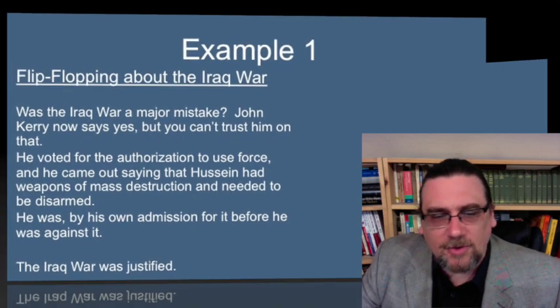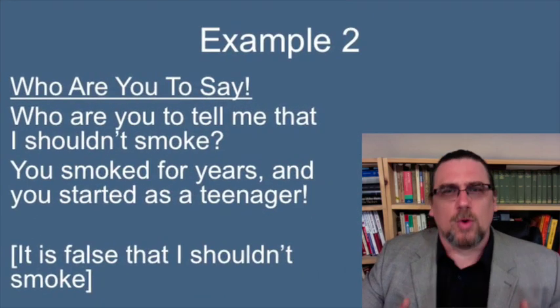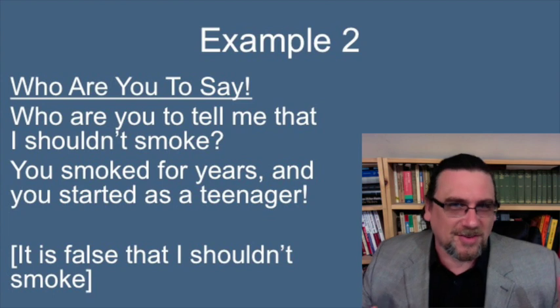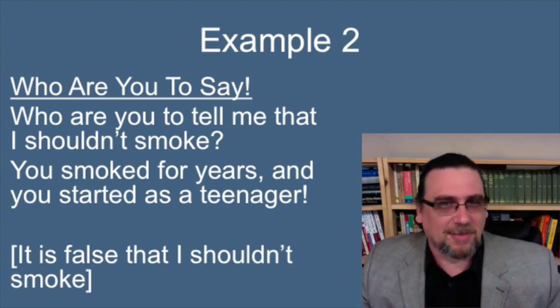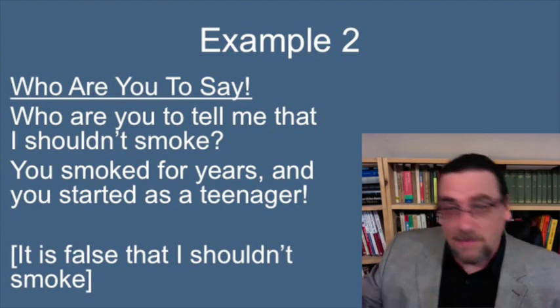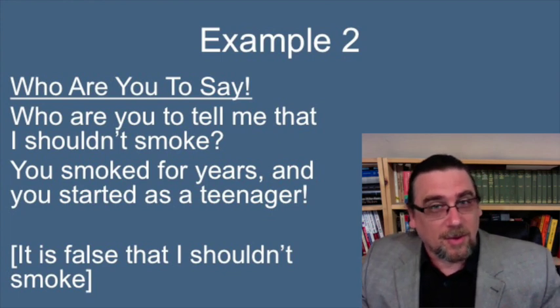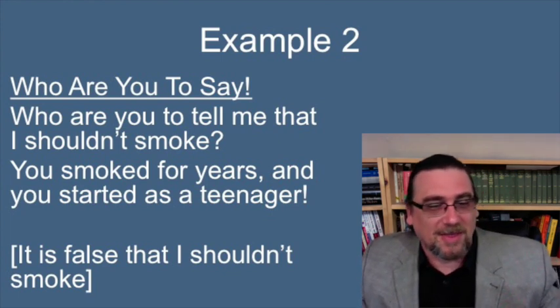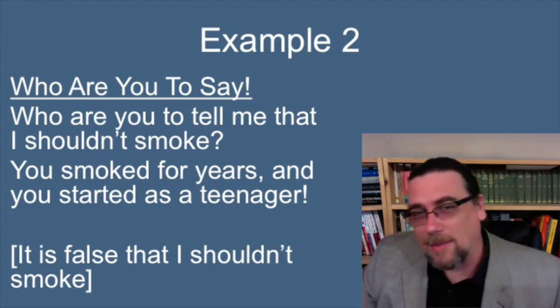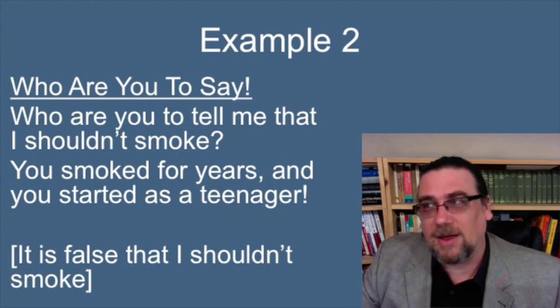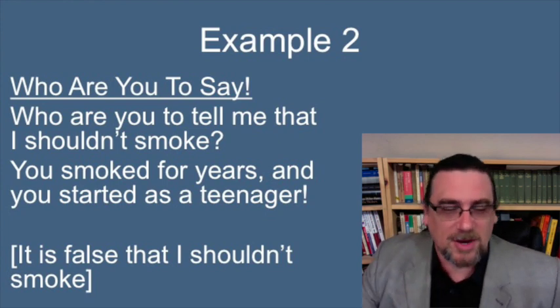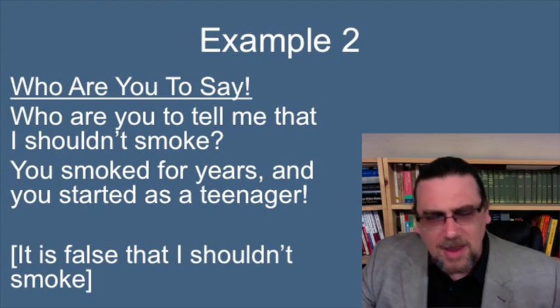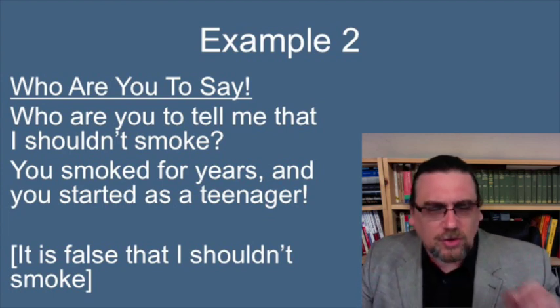Here's another common situation. Who are you to tell me XYZ, where XYZ is something that's bad for you or bad for another person, or foolish or something like that. This is very common between children and parents, between the two generations. Who are you to tell me that I shouldn't smoke?